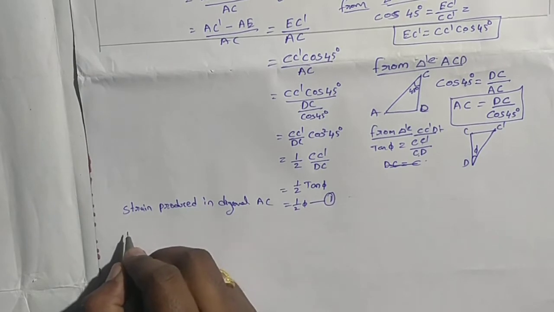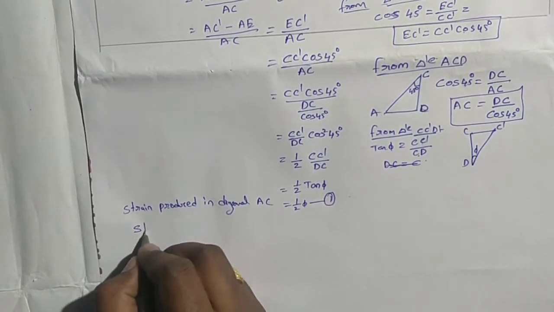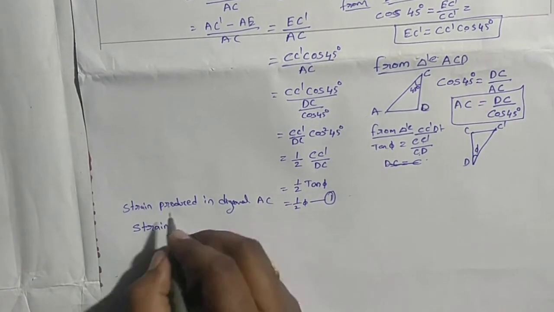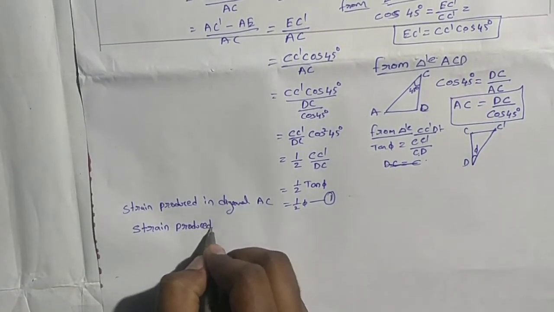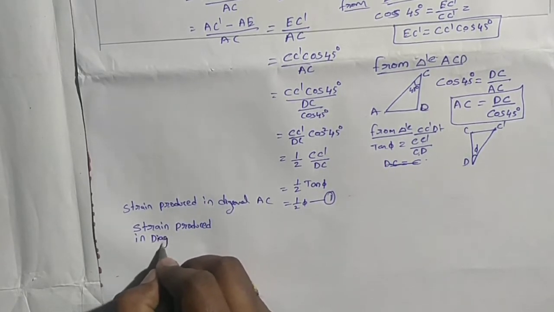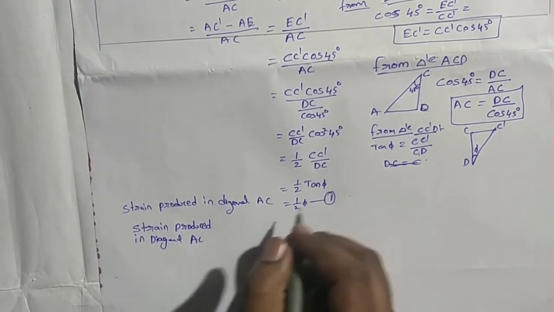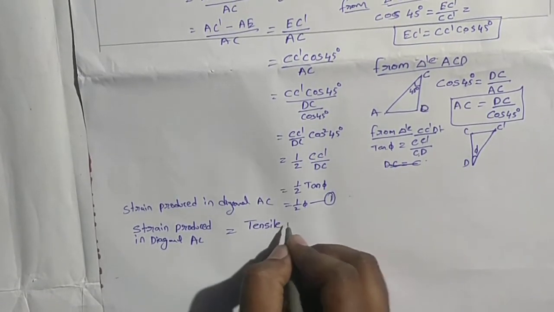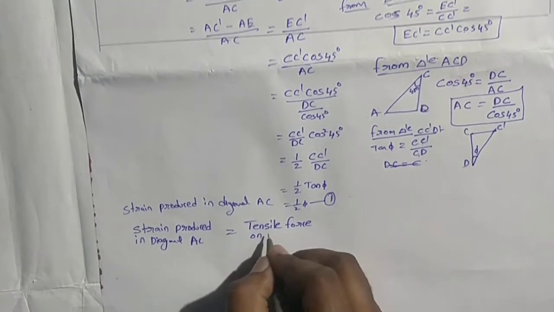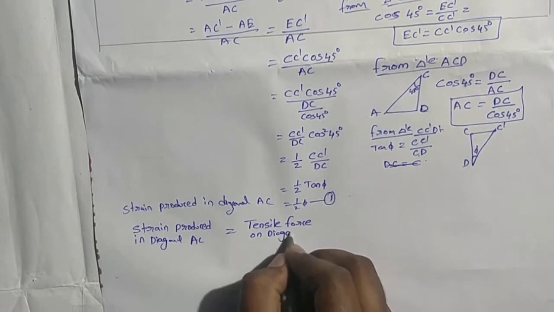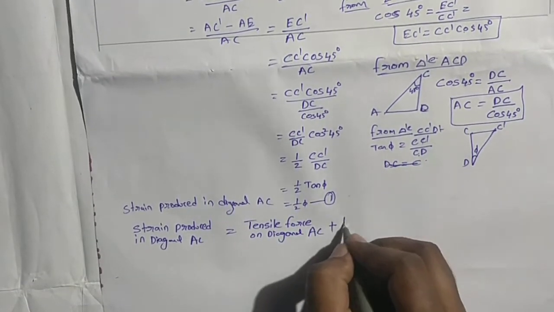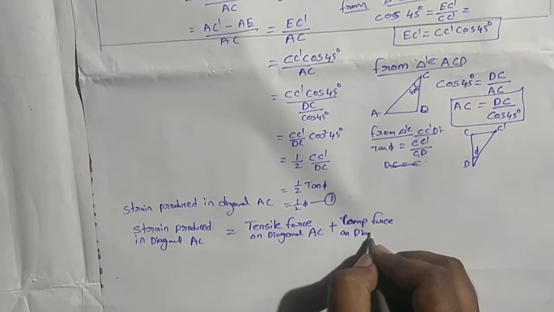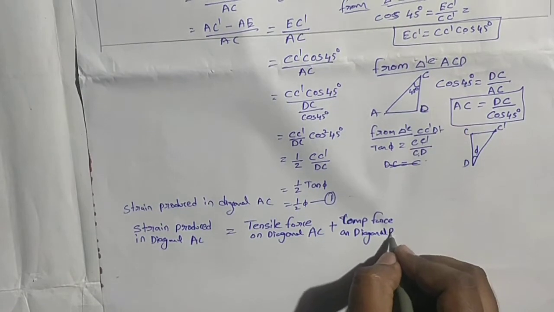Next, the strain produced in diagonal AC can be written in terms of the tensile force on diagonal AC plus the compressive force on diagonal BD.